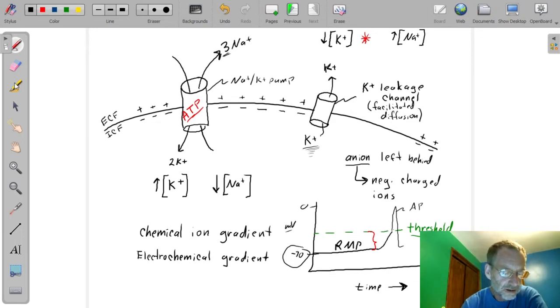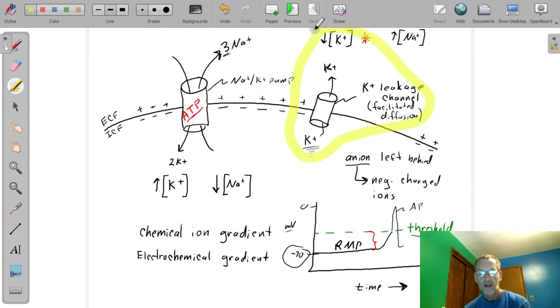And to sort of review, that is going to be dealing with this part of the story. That part of the story is what's going to be affecting this part of the story.